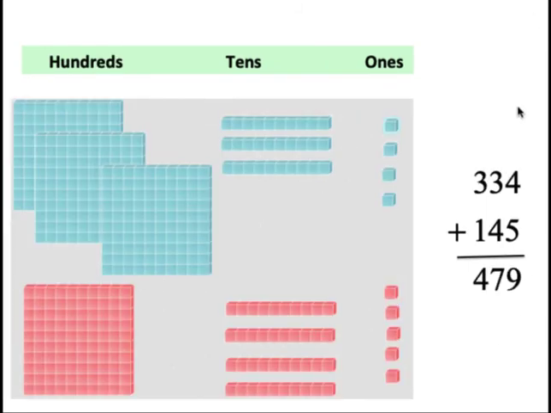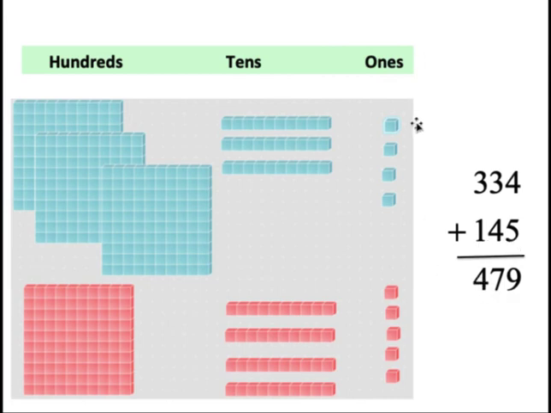Now let's look at a problem where we're asked to add 334 and 145. Just check the representations. 3 flats, 3 rods, and 4 units, 334. 1 flat, 4 rods, and 5 units, 145.